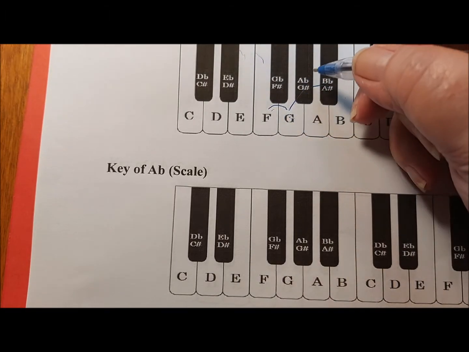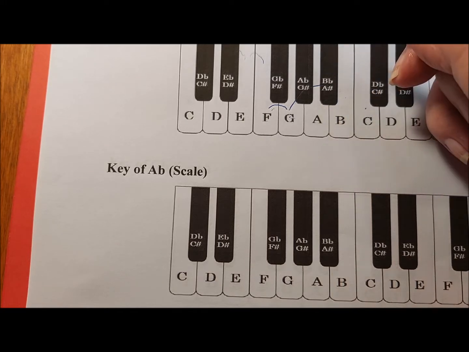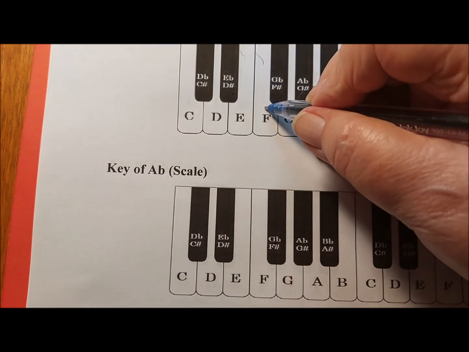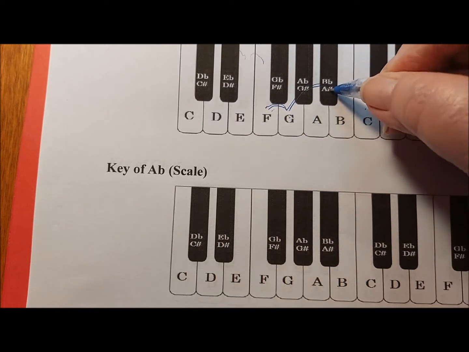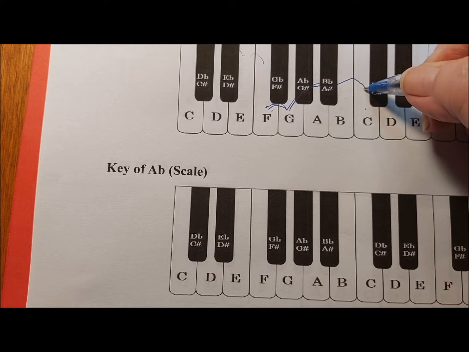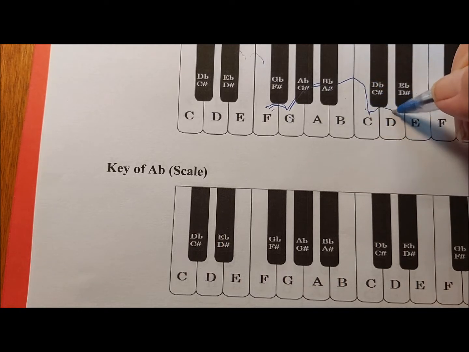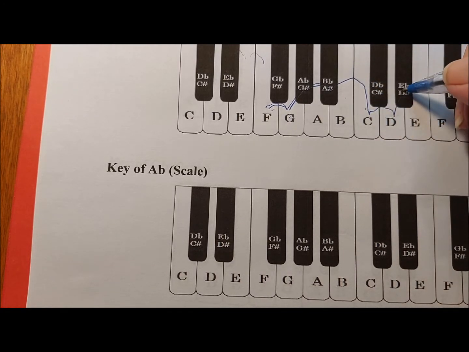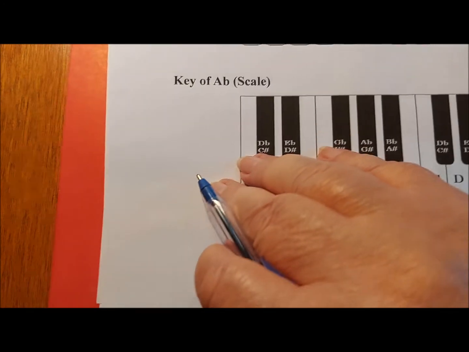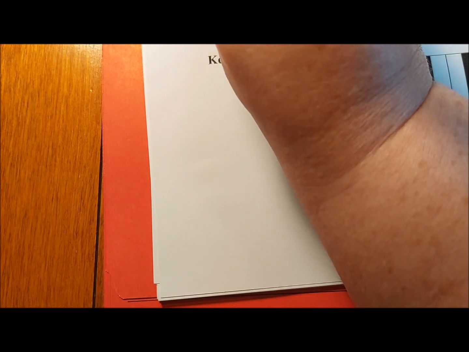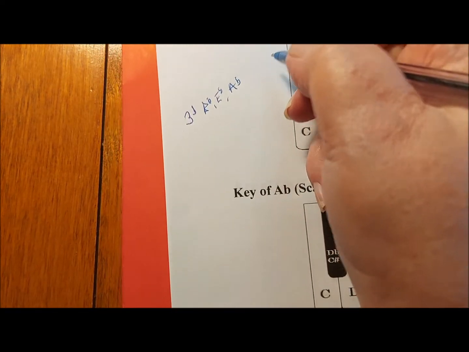Whole step. Am I starting E? Whole step, half step, whole step, whole step, whole step, half step. So we've got 3 flats: B flat, E flat, and A flat.